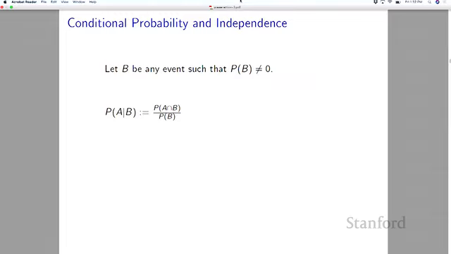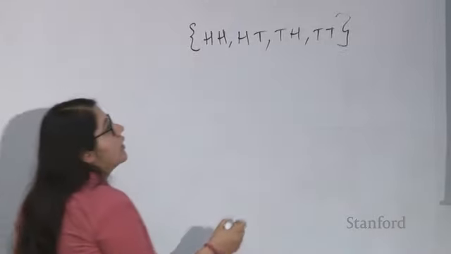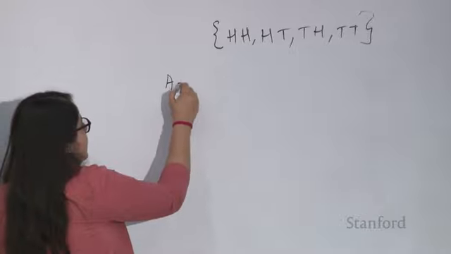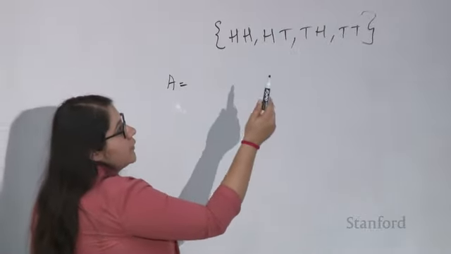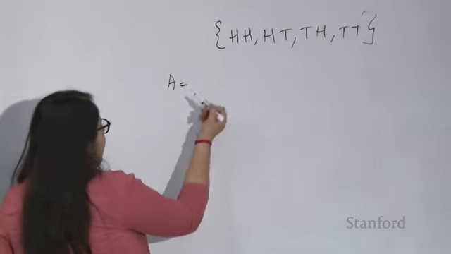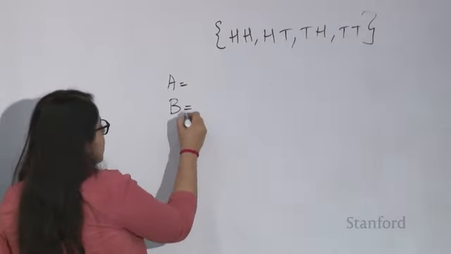So if I'm tossing two coins, we have to find the probability of A given B. Let's define events A and B as follows.